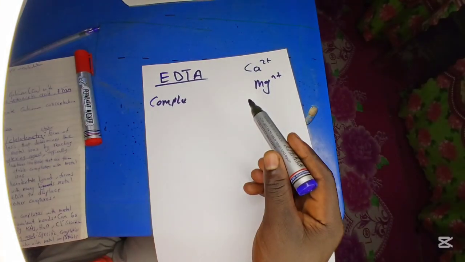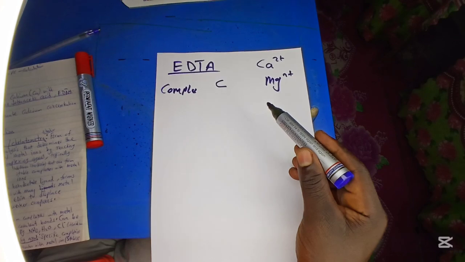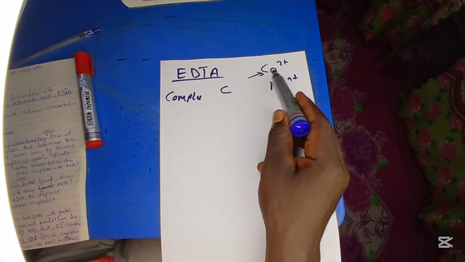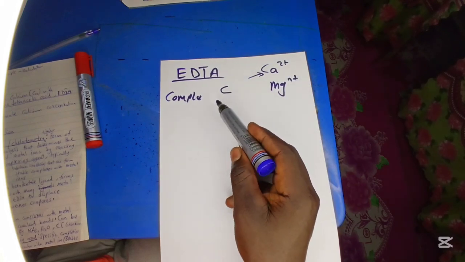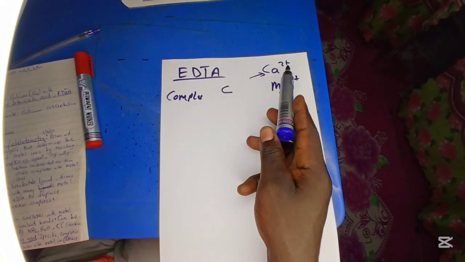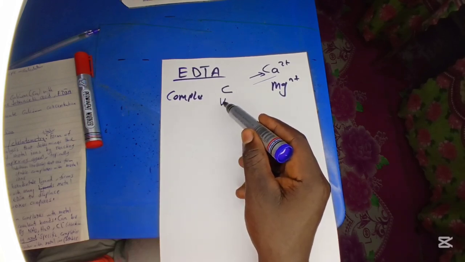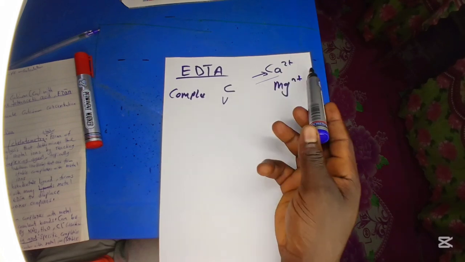In this experiment, mostly the concentration of EDTA is known. We take a known volume of the solution that contains the Ca2+, and we titrate it against EDTA, the titer or average volume of EDTA that's going to react with the solution to give us an endpoint.